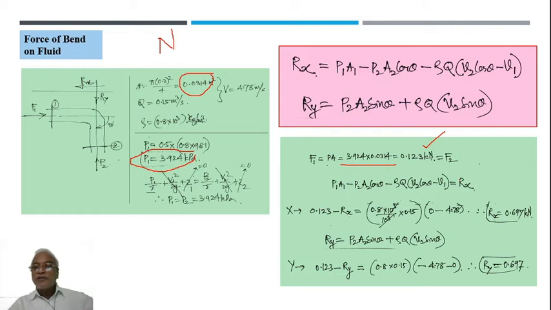Rx is in kilonewtons. I have put these things on this side. Rho is 0.8 into 10 raised to 3, into Q, the volume rate of flow, 0.15. I have multiplied.